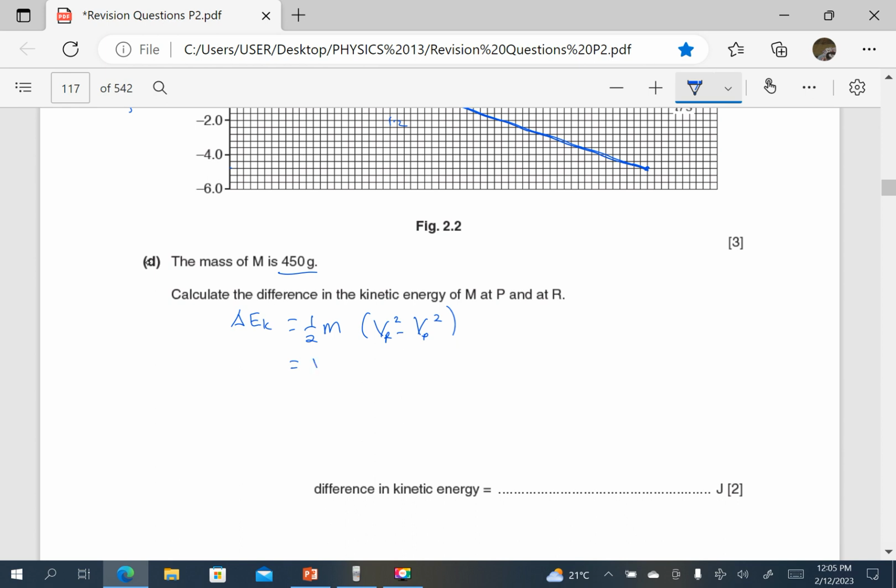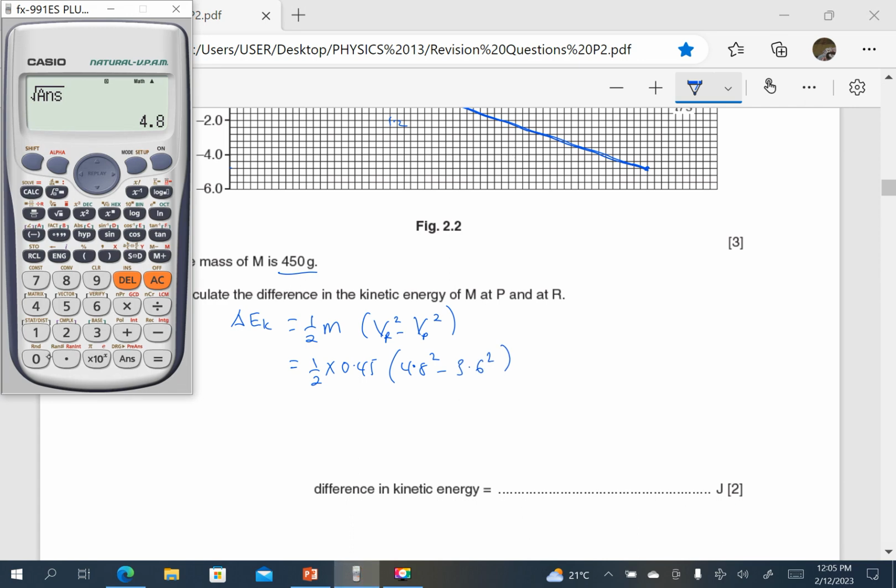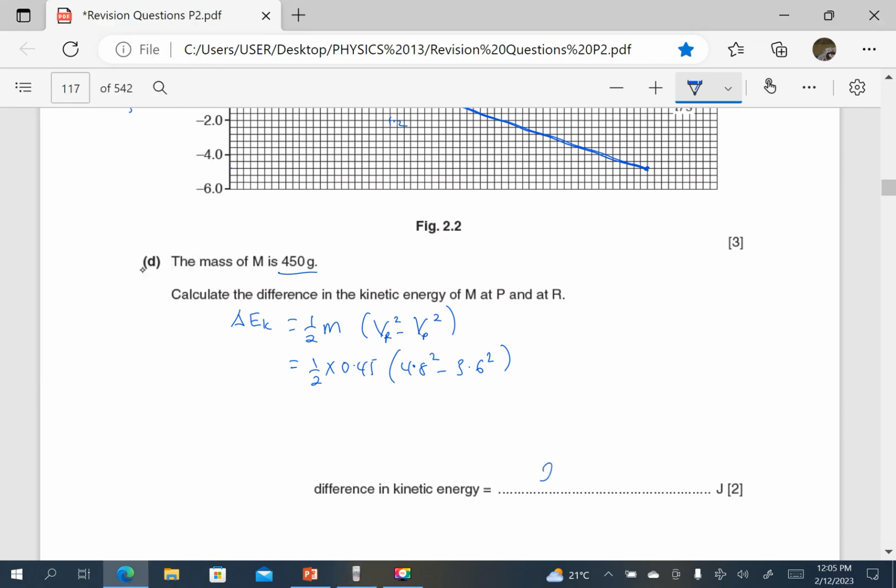So this will be a half times the mass, 0.45, times 4.8 squared minus 3.6 squared, and that is 2.268, which is approximately 2.3.